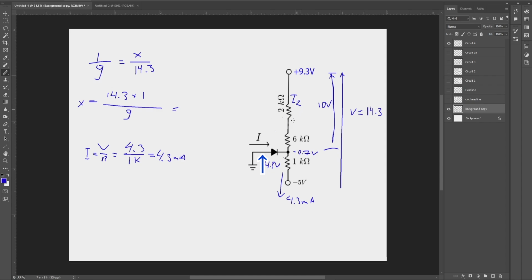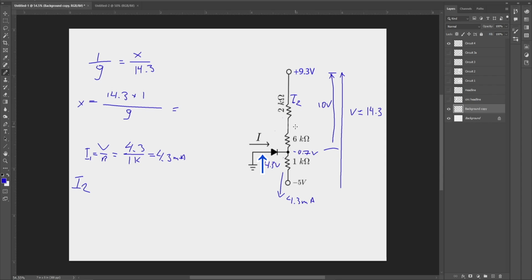Let's call it I2, and let's call I1 the one across the 1 kilo ohm resistor.